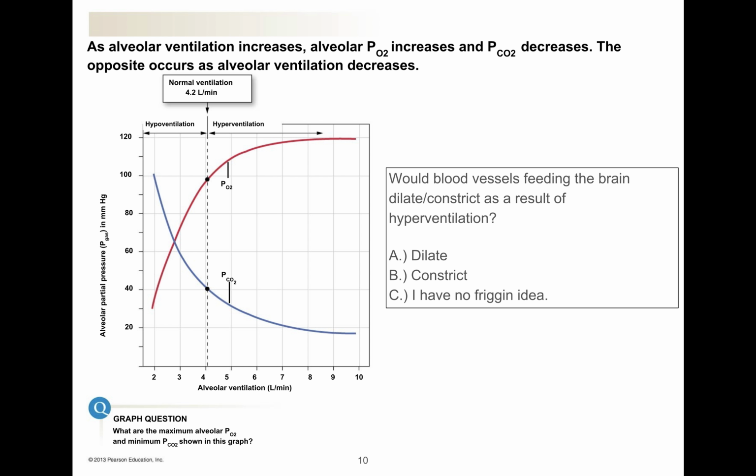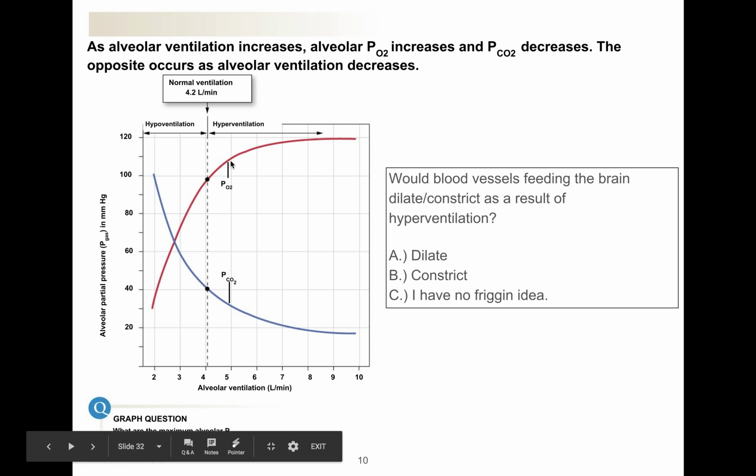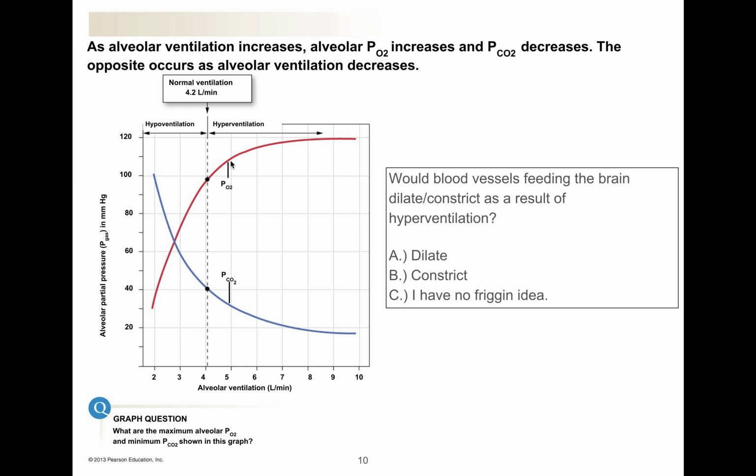My tongue went numb and I almost passed out from the pain. But all of that was due just to the hyperventilation. And what this hyperventilation curve is saying is that when you hyperventilate, you actually have tons of oxygen. So I didn't almost pass out because I didn't have oxygen in my blood.